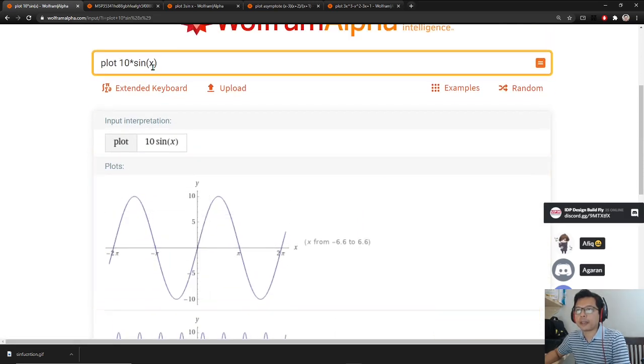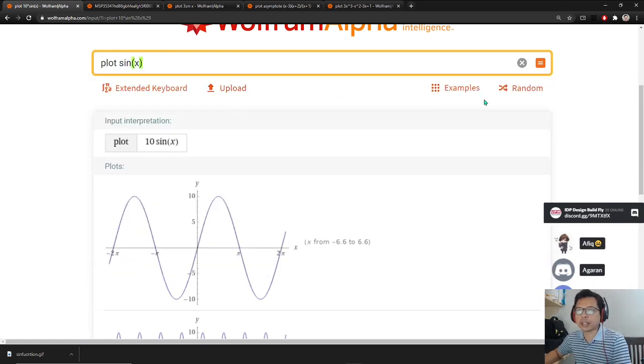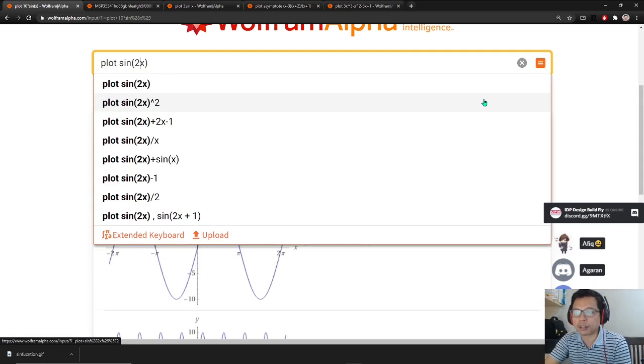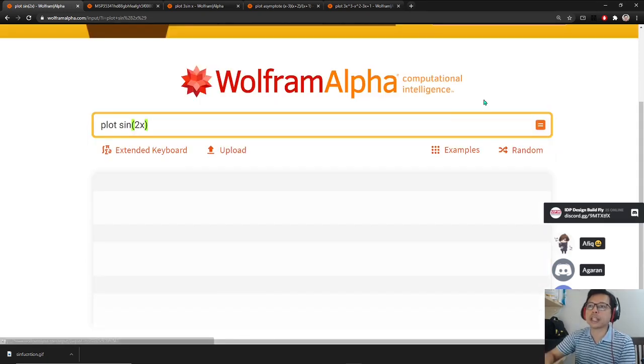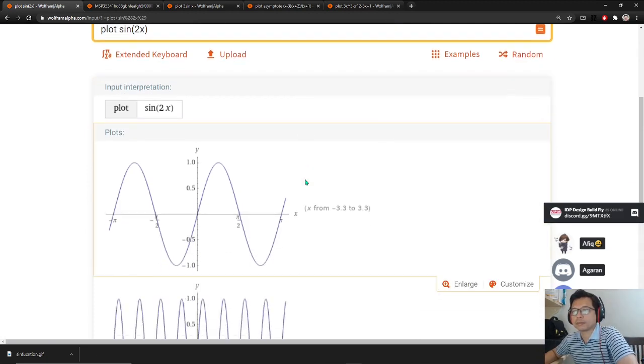Now, this is back to 1, so amplitude 1, but let me put a constant in front of x here. So plot sine 2x. See what will happen. What is happening here? What changes?